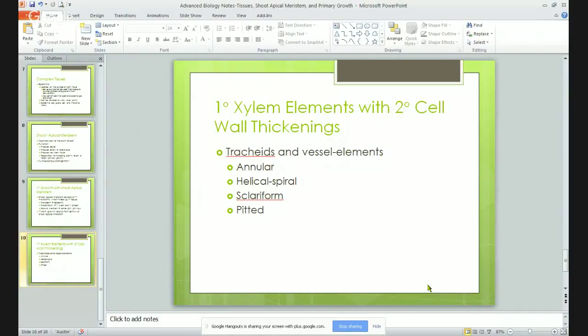So that's why the simple perforation plate is found in more complex plants, because the enzymes have completely dissolved all of the wall end, whereas with the scleriform perforation plate, the enzymes haven't, so it's going to be in more primitive plants.